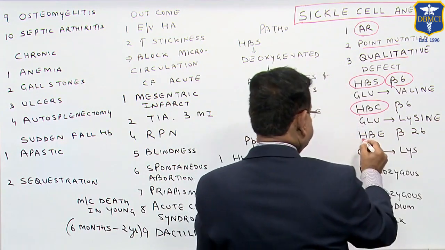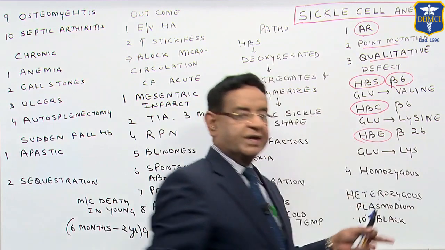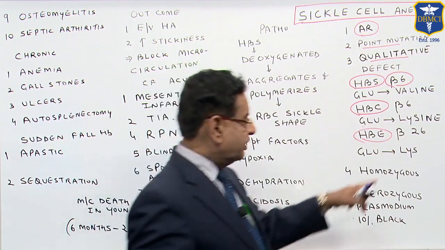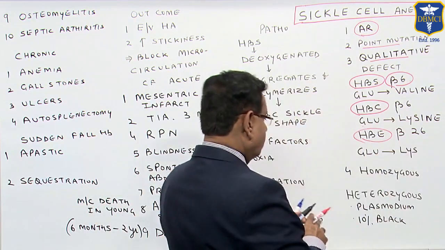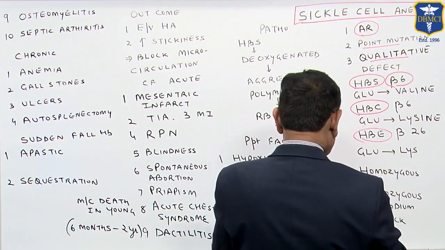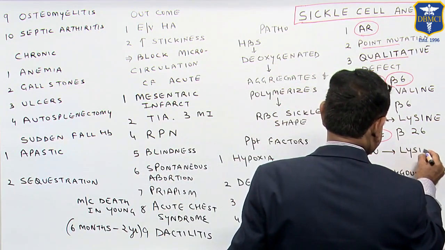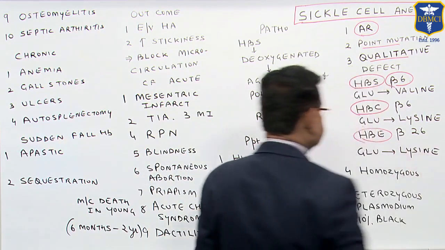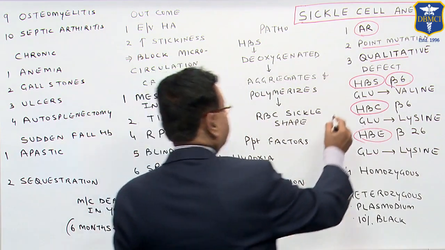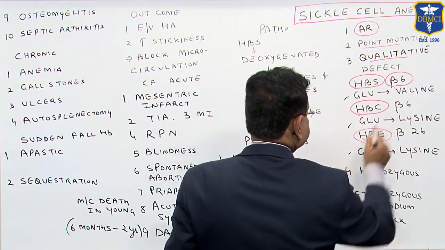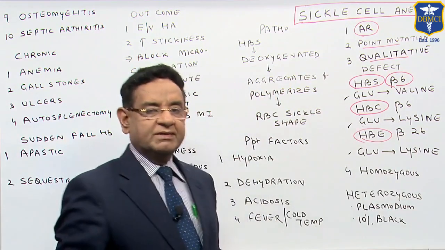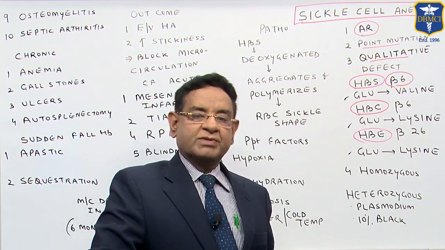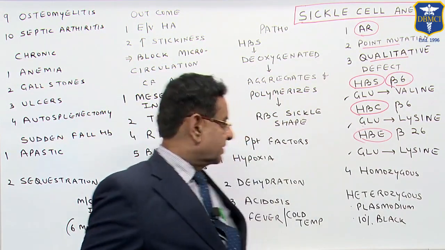And we have HbE, where in the beta chain, in the 26th position glutamate is replaced again by lysine. So what you can see, everywhere it is glutamate which is being replaced by either valine or lysine, and the chain involved is again the beta chain.